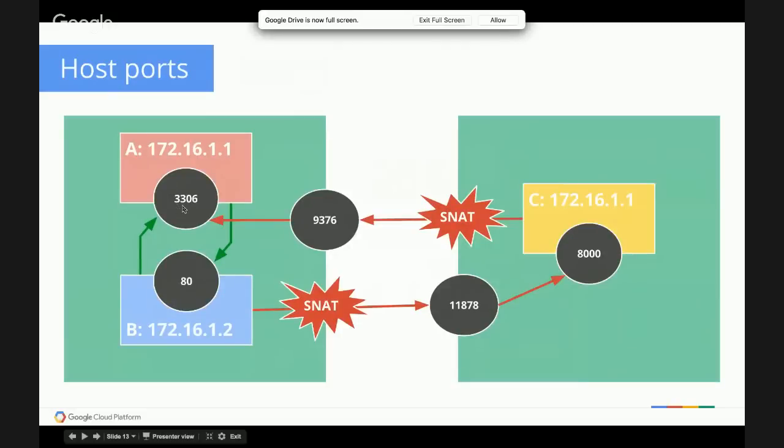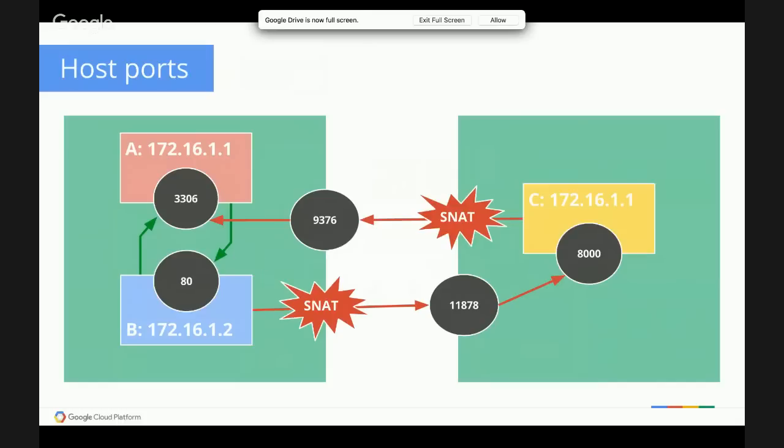To route that, you need NATs. For instance, if you wanted to expose container A, you have to expose a host port. Container A has port 3306, and you expose host port 9376. Then container C could hit container A through the host port 9376 of the host on the left-hand side. So that's the default way Docker provides the networking piece.